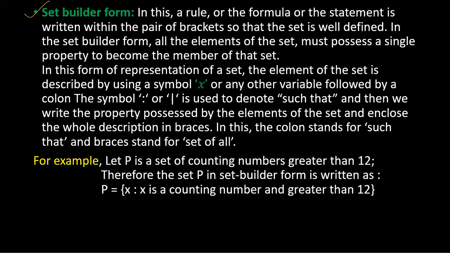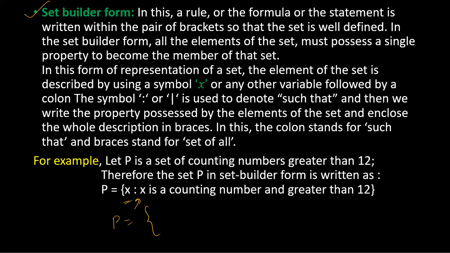In this form, we write like this: x such that x is a counting number greater than 12. So if we convert this set builder form into roster form, x is a counting number greater than 12.